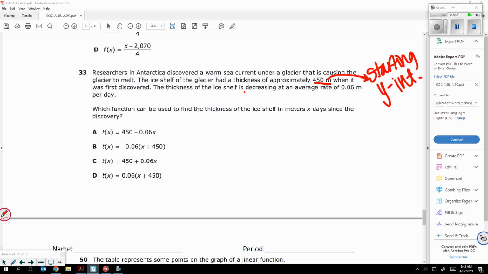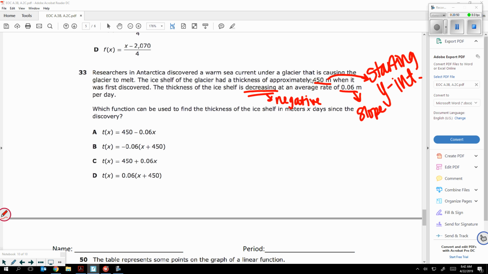If it's decreasing, is that going to be positive or negative? Negative. And what is this 0.06? At an average rate of 0.06 meters per day. In an equation, what would that be? My rate of change, my slope. Good.